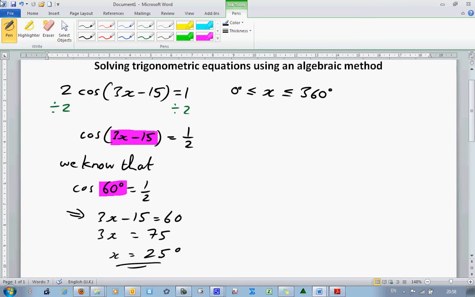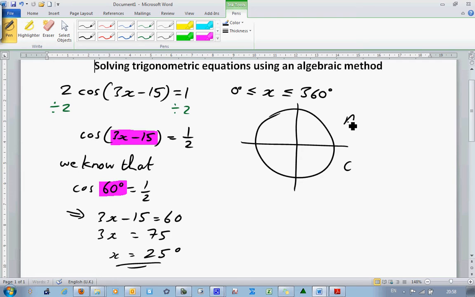Let's have a look again at our unit circle. We're looking for the places where the cosine is a positive answer. Well, we've got 2 places. Cosine 60 is a half, and it's in the first quadrant, positive.